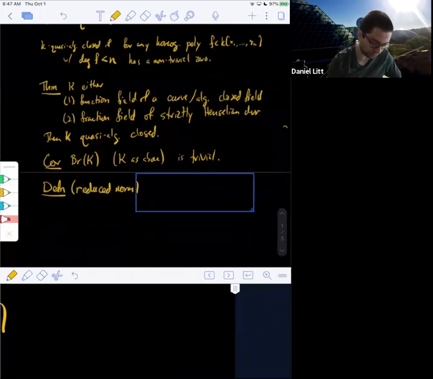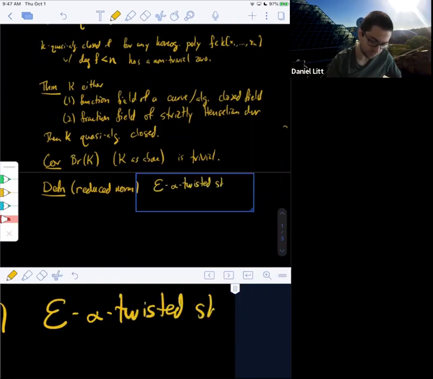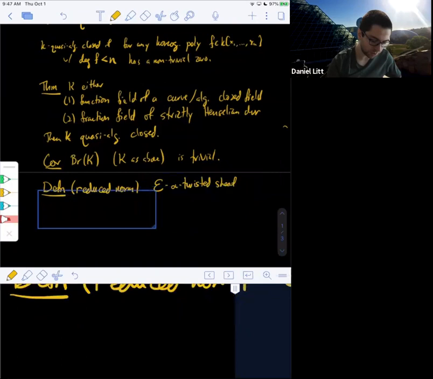So let E be an alpha twisted sheaf. Then End(E) is an Azumaya algebra.